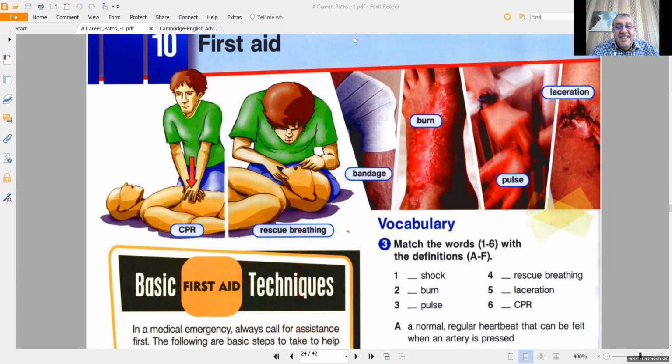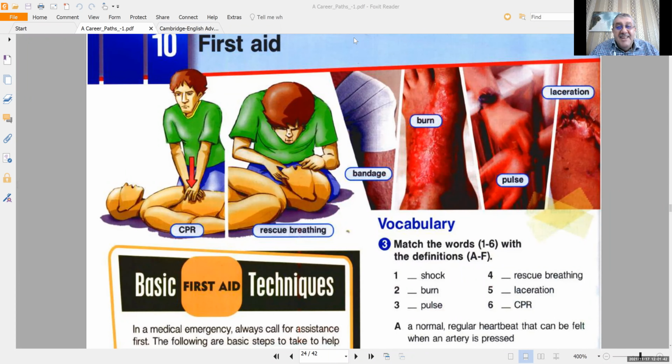Okay, so for question number 1, what is the conversation mainly about? Treating a burn, teaching first aid, healing a cut finger, or removing a bandage? Yes, so you can use the chat as you know. You can write the answer.